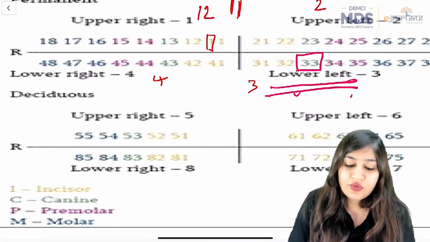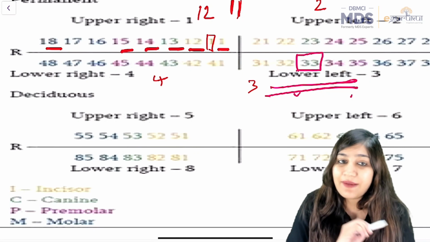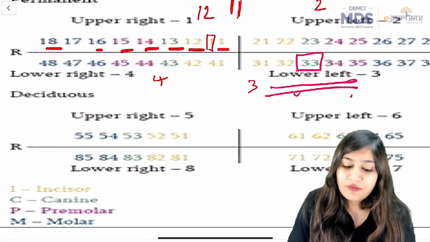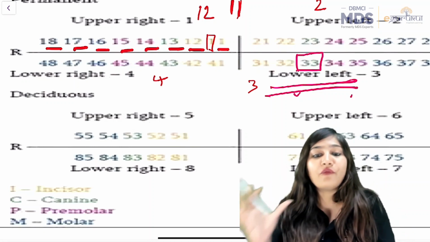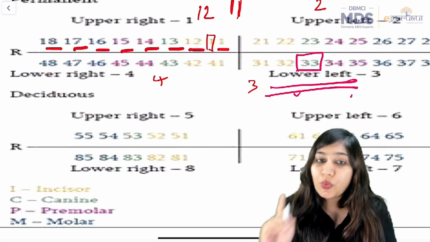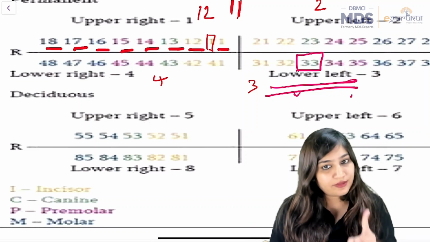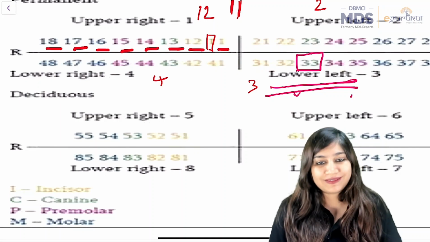Up till 8: central incisor, lateral incisor, canine, first premolar, second premolar, first molar, second molar, and third molar. This from 1 to 8 they represent a tooth number. So being a two-digit system, first digit represents quadrant and second digit the tooth number.